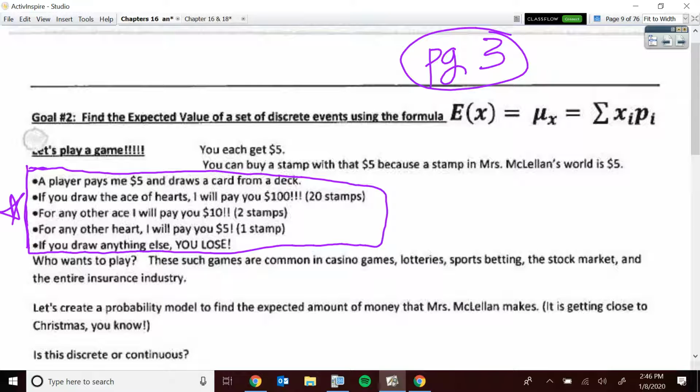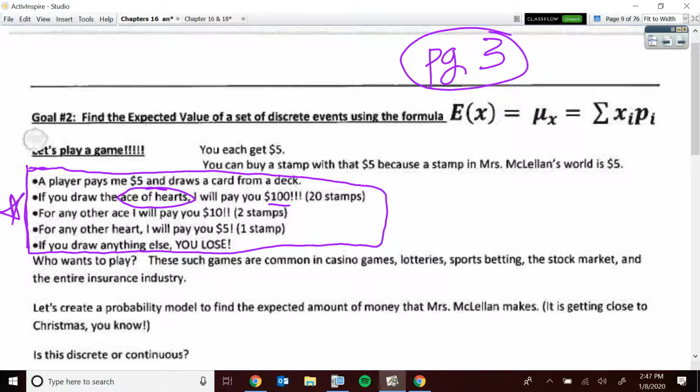Every time the game is played, I put the cards back. So that means each play is what of the other plays? Independent. Yep. Okay. So you have to pay $5 to play the game. If you draw the ace of hearts, then I will, so you're going to give me $5, I will give you back 100.